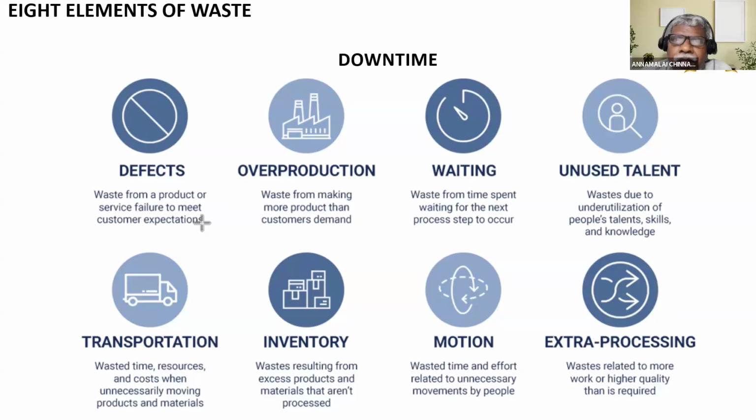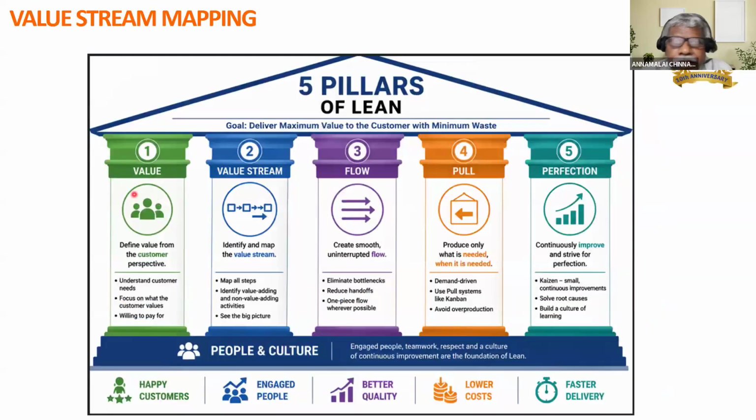Right? So whenever you want to implement lean, what is the first step we need to do? These we actually call the 5 pillars of lean. So the goal is to deliver maximum value to the customer with minimum waste. We can also take that as the definition of lean: lean means more with less.